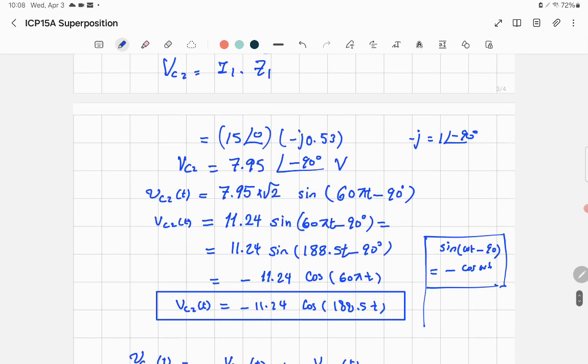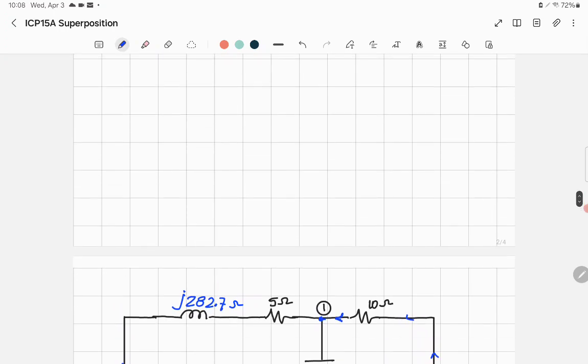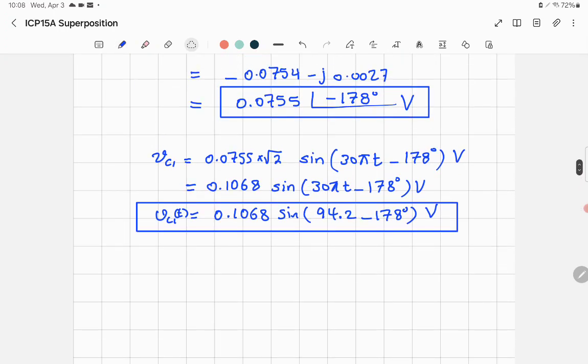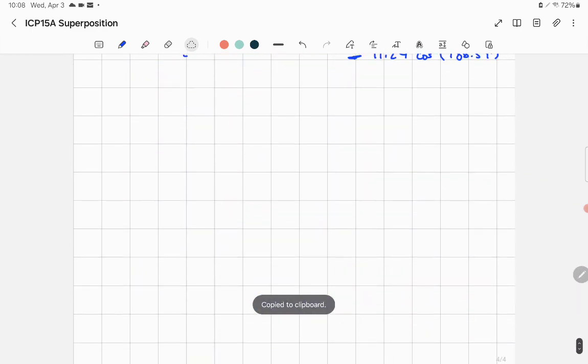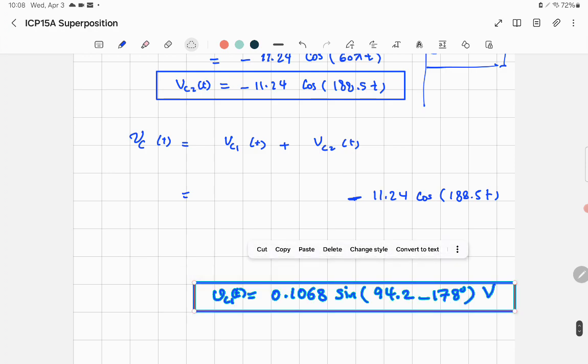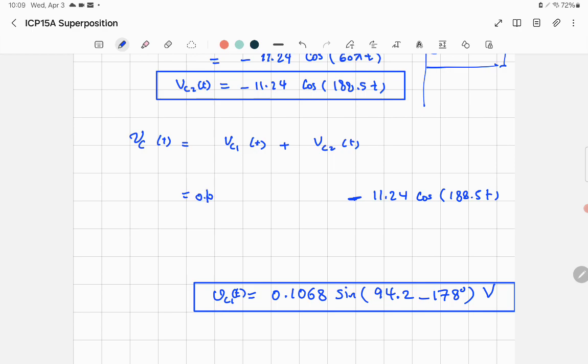And VC1, let me just copy it here. It's equal to 0.1068 sine 94.2 t minus 178. And that will be the total expression for the voltage.